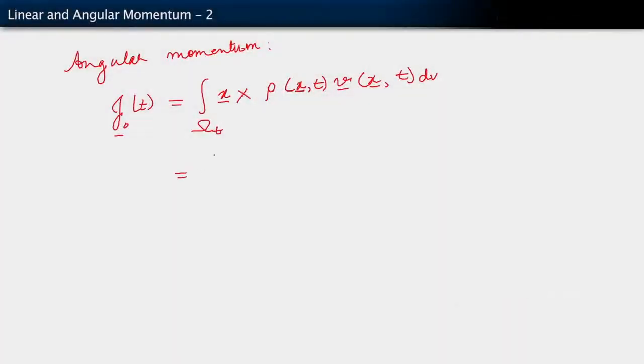For convenience, I'm going to write this out in this form, by simply moving the position of some of these variables in the integrand. The reason for doing this is that when I want to compute J naught dot of t, I'm going to say that it is d dt of this integral.